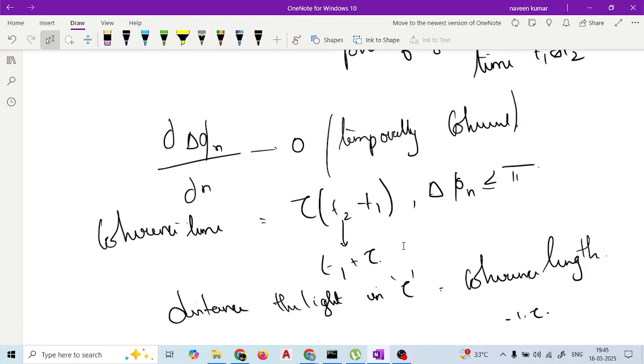So the real experimental quantity that we can actually measure is not the particular one. We are trying to say that it is close to zero in order to reach temporal coherence. So this derivative of phi with respect to n could in turn be a function of a time interval also.